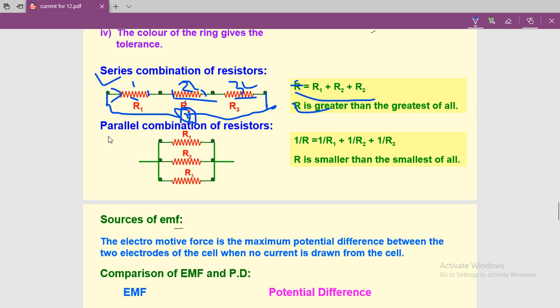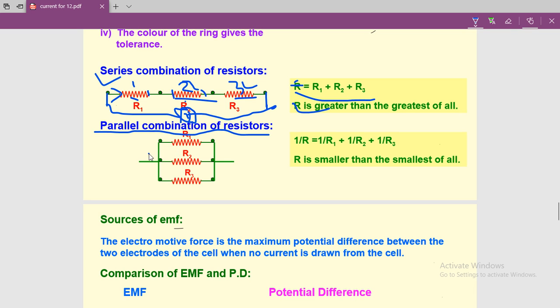Now let's start the parallel combination of the resistors. First, how do we identify the parallel combination in a circuit? Let's see this circuit where three resistors R1, R2 and R3 are connected in parallel combination. You can see in this combination, one end of each resistor is connected with one point.